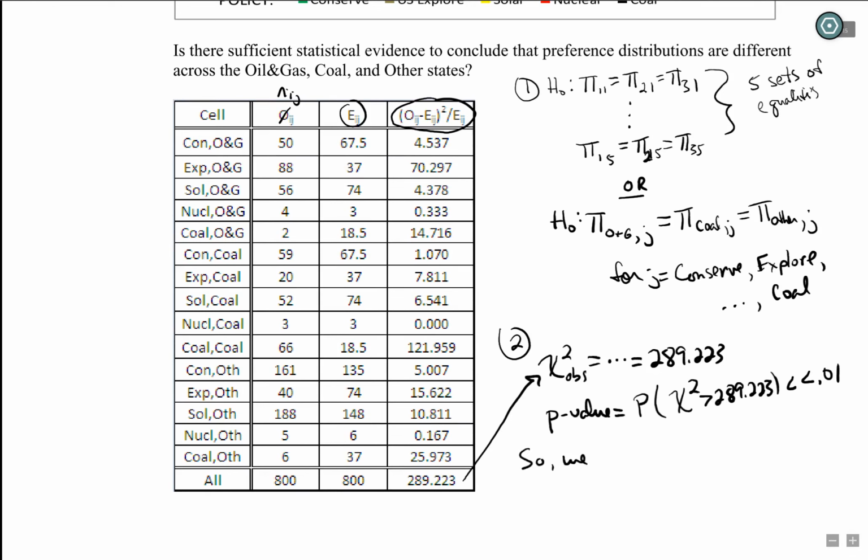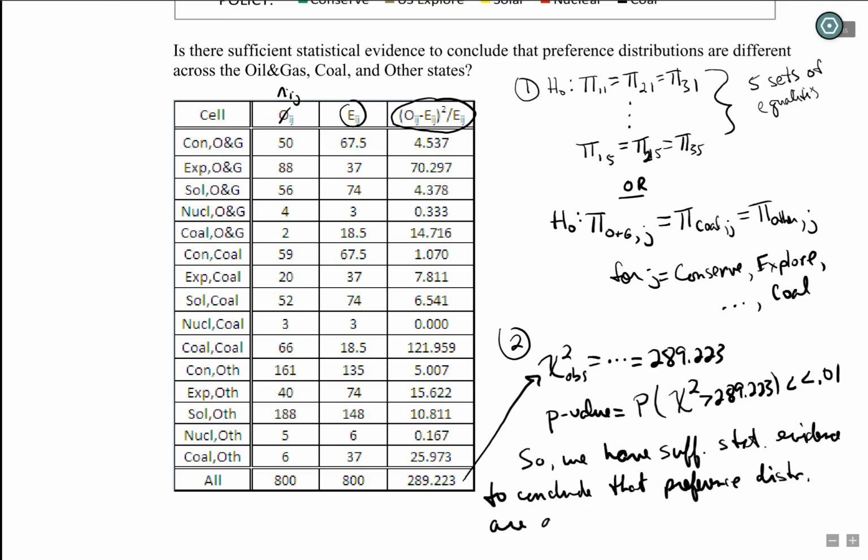So what we would have here is sufficient statistical evidence to conclude that the preference distributions are different across the three types of states.